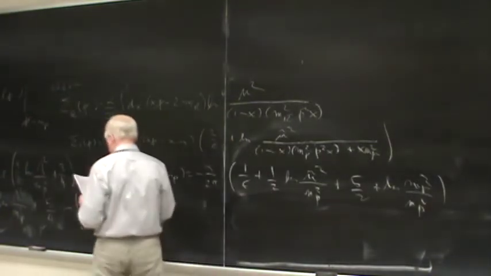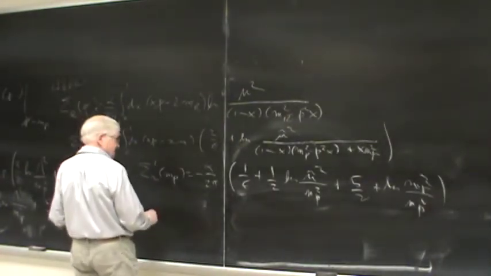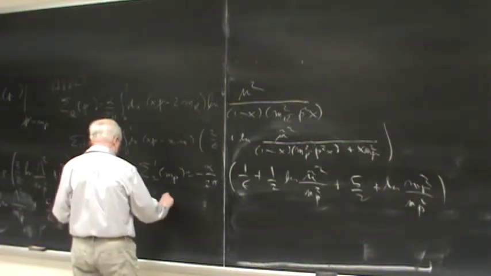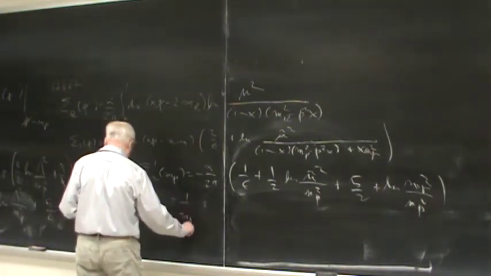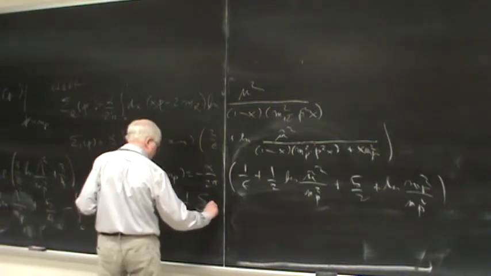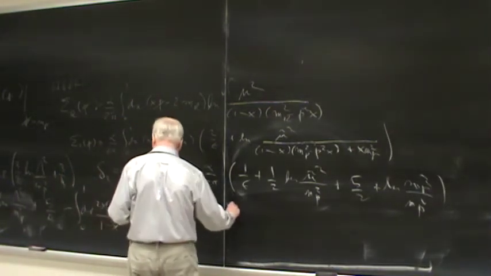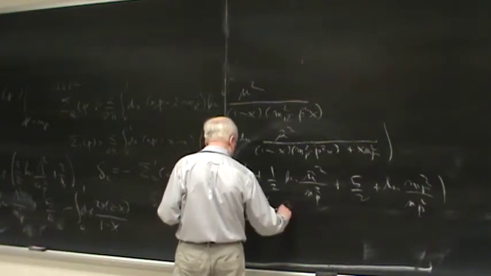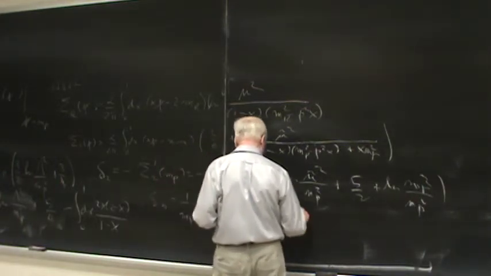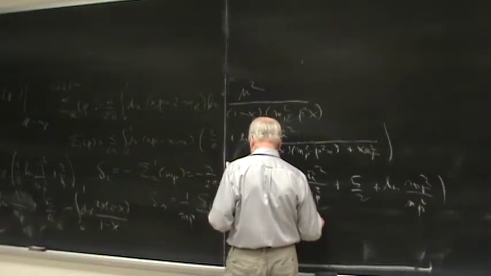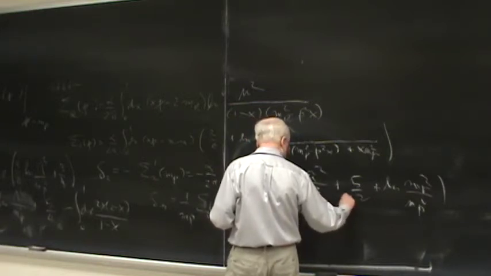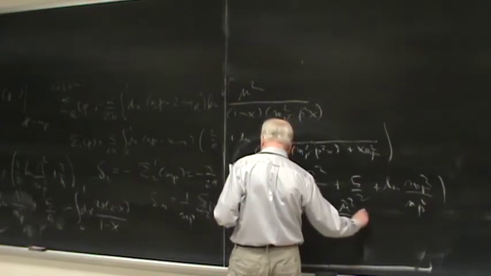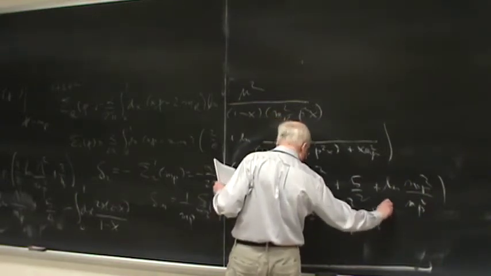And delta m is 1 over mp, sigma 2 of mp, alpha over 2 pi, minus 3 over epsilon, minus 3 halves, log mu tilde squared over mp squared minus 5 halves.